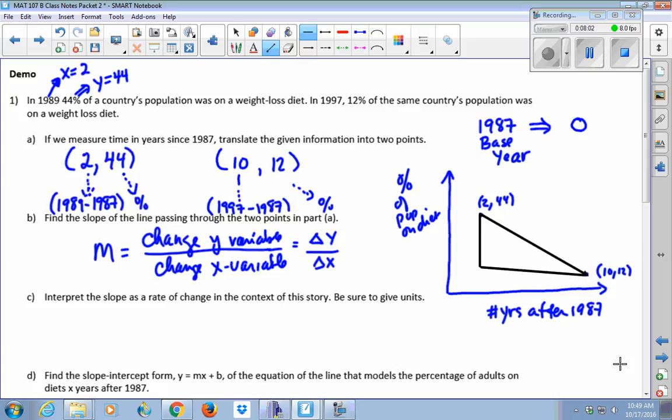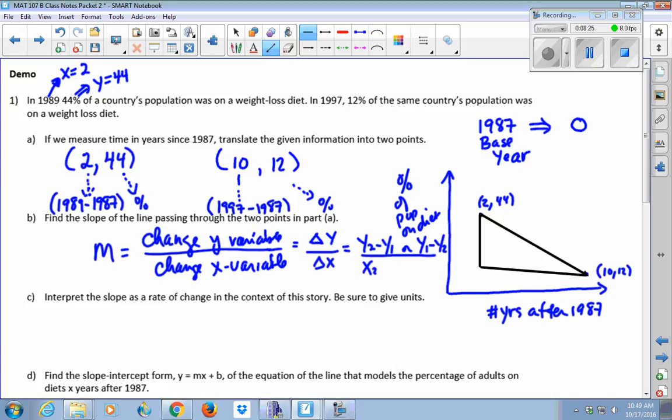Okay. So again, it doesn't matter whether you say y2 take away y1 or y1 take away y2. It's just the difference in the 2 y values. What's critical is if you use y2 first, then what's going to be the first x value you use here? X2, right.